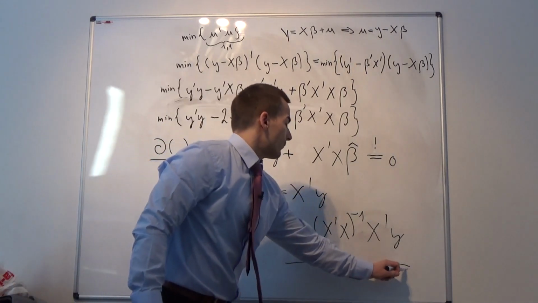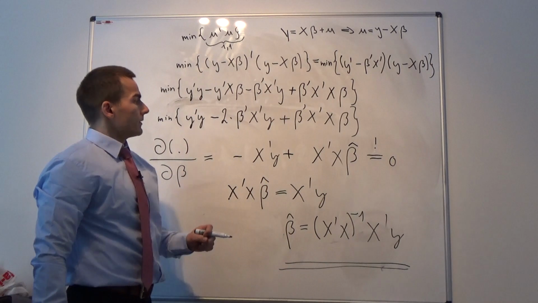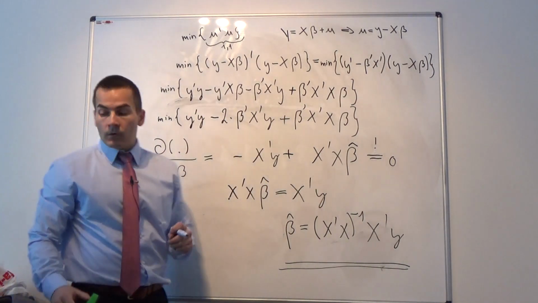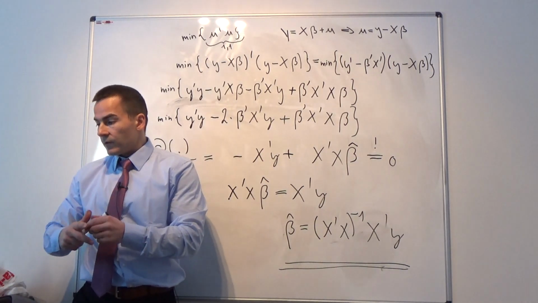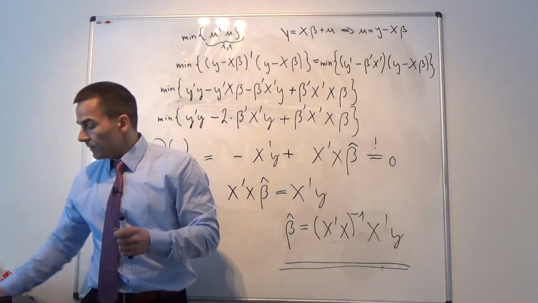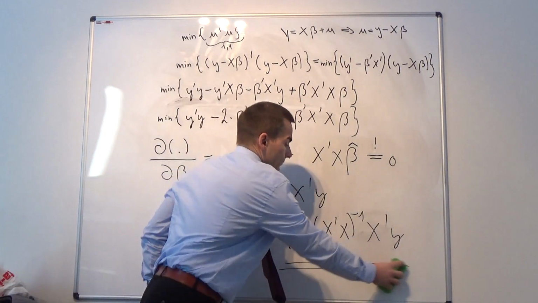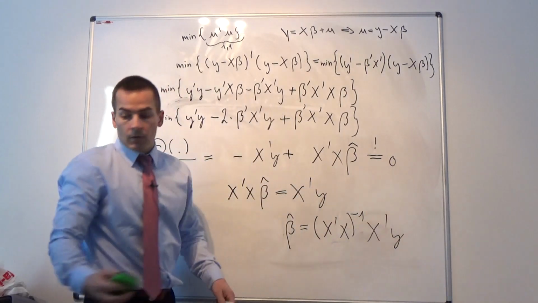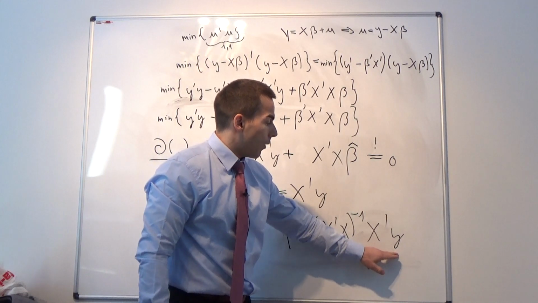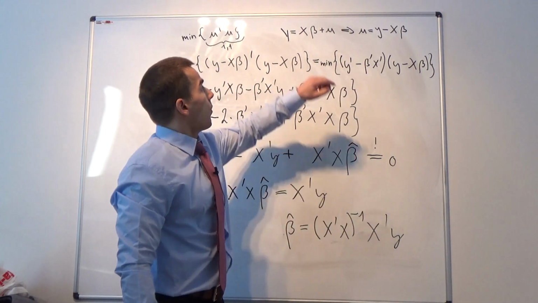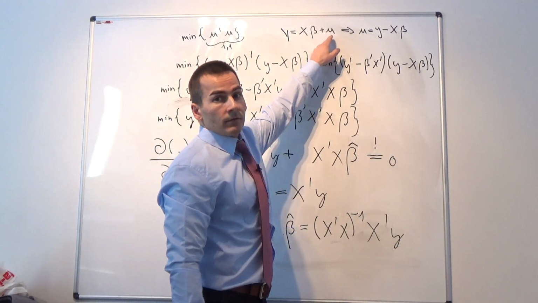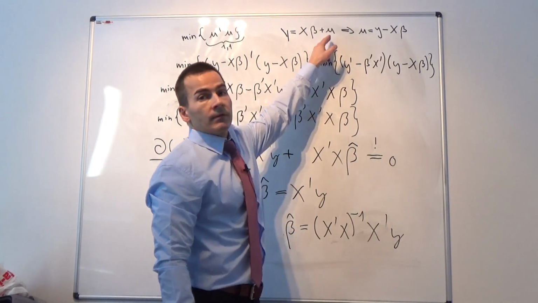This is the first important result, and we will come back to this throughout the course. What we also see from this expression: what's the random part here? The random part obviously is our Y, because Y depends on the error term, and the error term is the random component.